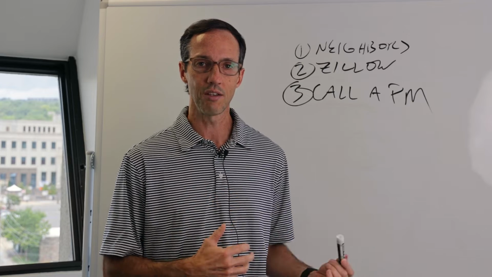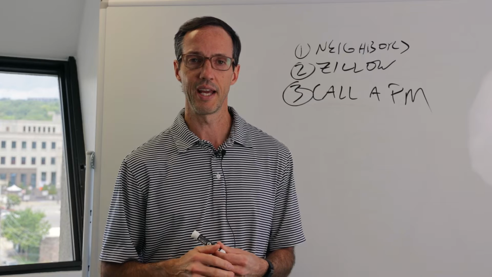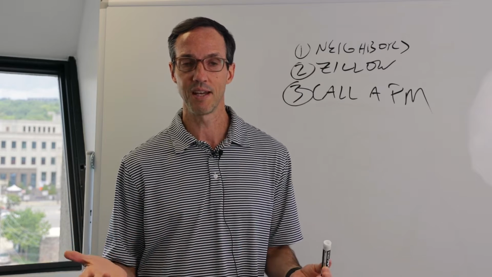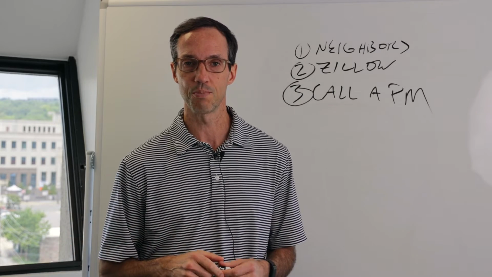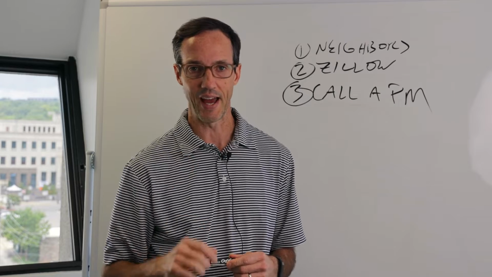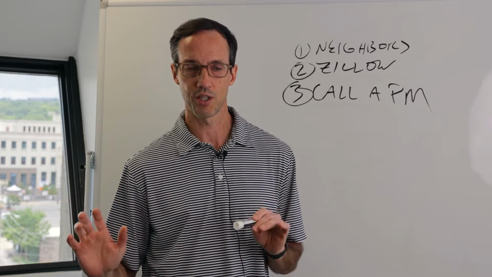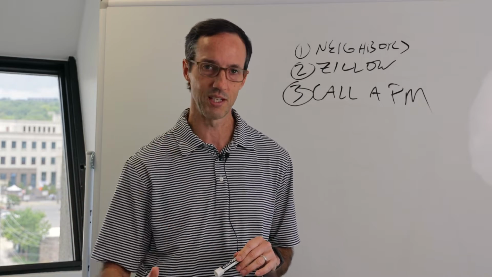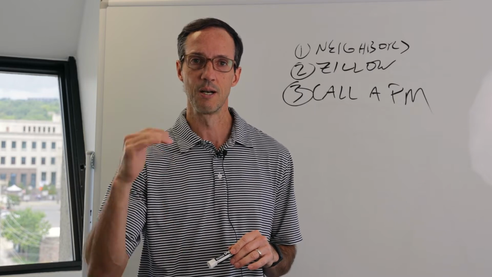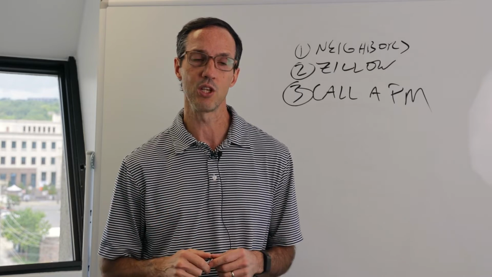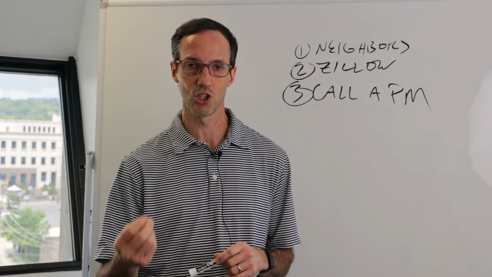If you were to call us, our business development manager or sales rep would walk you through, pull all this information up, talk to you about it, and give you their best idea of what you should rent this property for without being inside the house. They can do this on the phone, through the computer, send you a report and say, here are the comps in the area. So that's one way you could also do it that would give you some really good information.